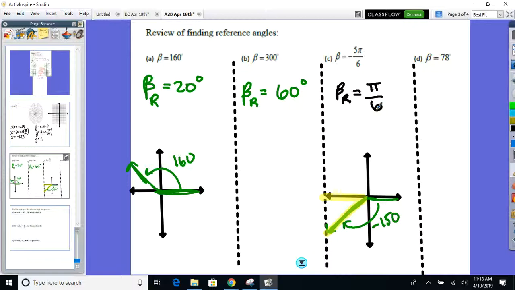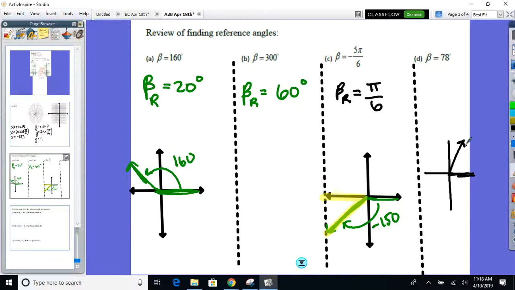Okay, how about I teach a little here? Where's 72? First quadrant. 72 degrees is in the first quadrant.